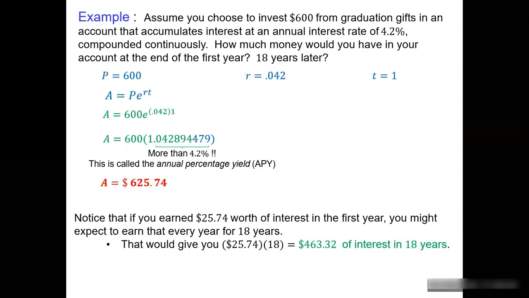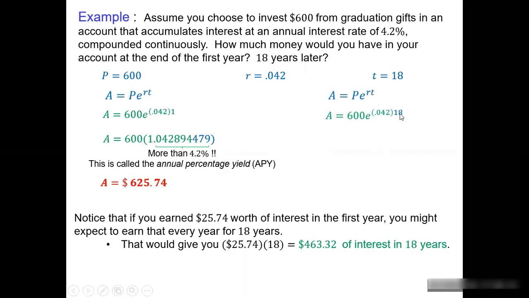Turns out that you don't, though, because this is exponential growth. So you're continuing to get interest on top of the interest that you're already gaining. So let's redo this problem from the beginning and see what happens when we replace the t value with 18 instead. So now notice that instead of t equaling 1, t is equal to 18.